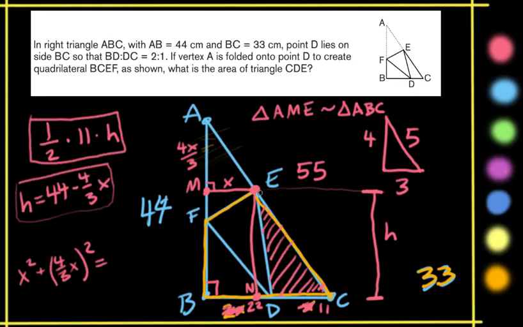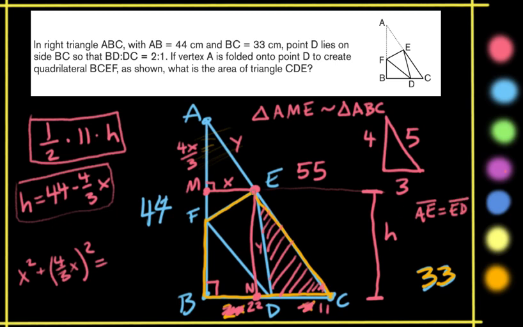What we also know is that this triangle was folded down from here. So this distance AE, let's call it y. Distance AE is y, which means this distance from E to D is also y, because it was a folded down version. So AE is equal to ED.